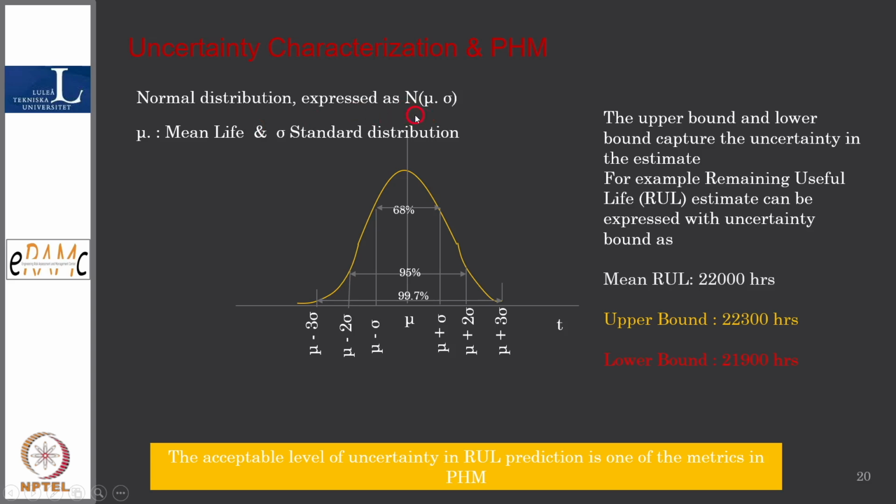Normal distribution is expressed by N, for normal, with mean value and standard deviation, and that's how you have the bell-shaped curve here. This is the mean value, and we can have a 90% confidence interval, so 95% will come here and 5% here. The complete area under the curve, if it is mu plus 3 sigma, covers 99.7%.